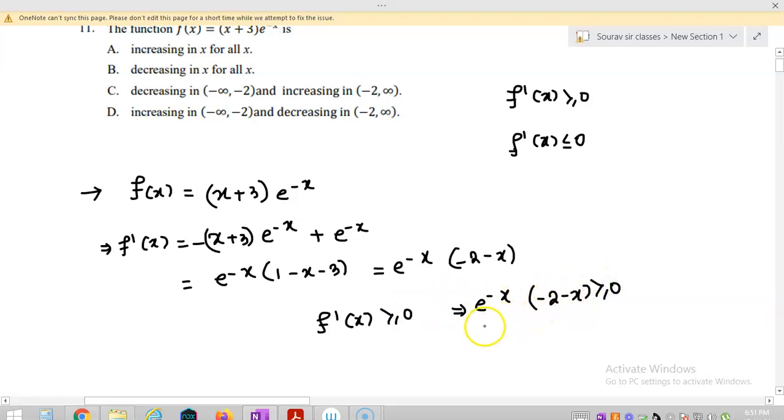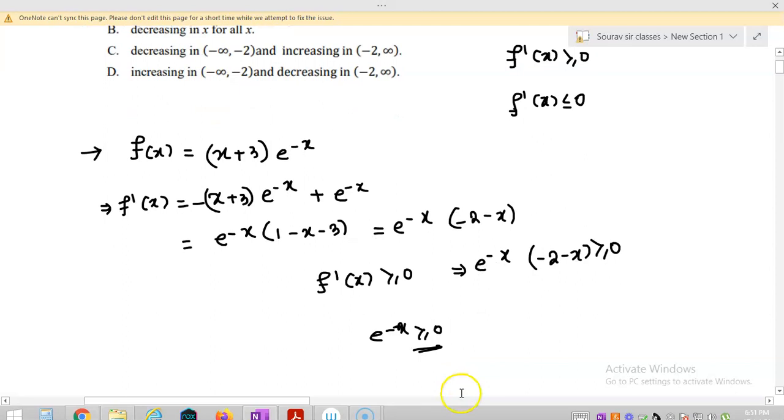We know that e^(-x) is always greater than 0 for any real number x, so the product is non-negative if -2 - x is also non-negative.